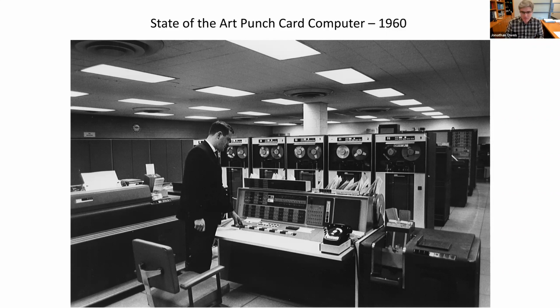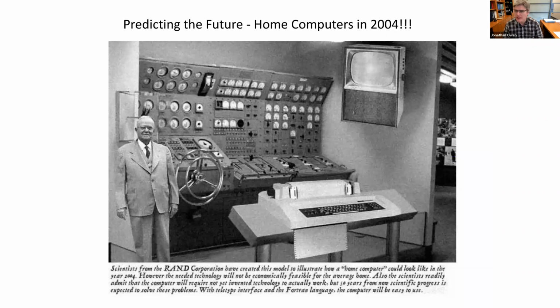So imagine a world without any of this stuff. People were imagining what it might be like if everybody had such computers, including the Rand Corporation, who proposed this idea as part of their consulting work, to think about how we could take advantage of home computers. They went about projecting what it might look like in 2004.